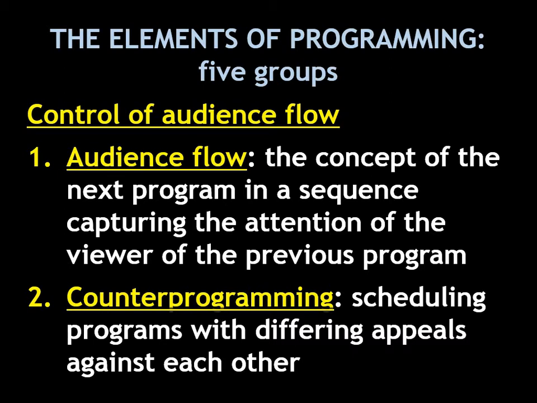So you may program a drama as a counter programming measure to those that do not want to watch sitcoms. So you would be attracting an audience that the other network would not attract.